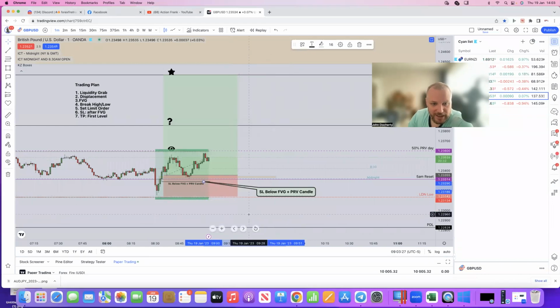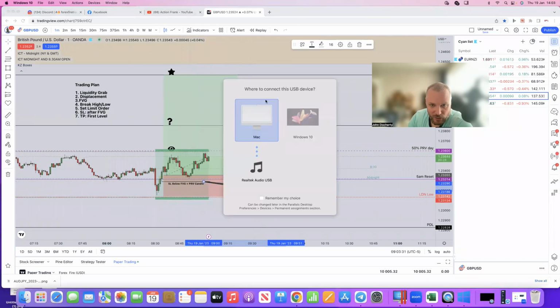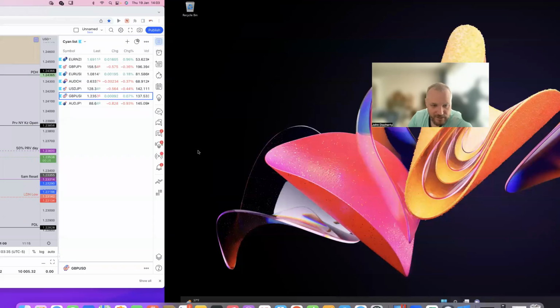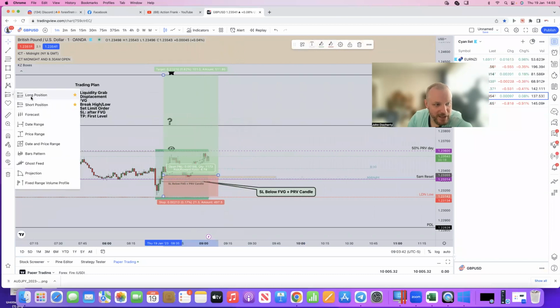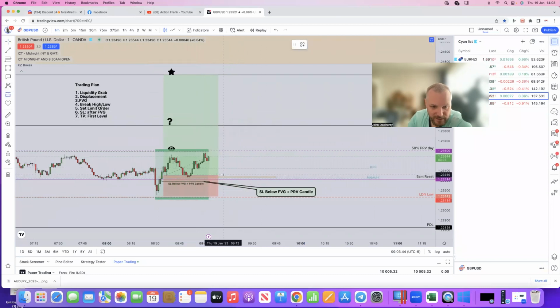So what we're looking at is obviously, this would be where I would possibly have this stop. What's along here? The original entry obviously would have been from here, with the stop around about there, and we're targeting possibly up to here.